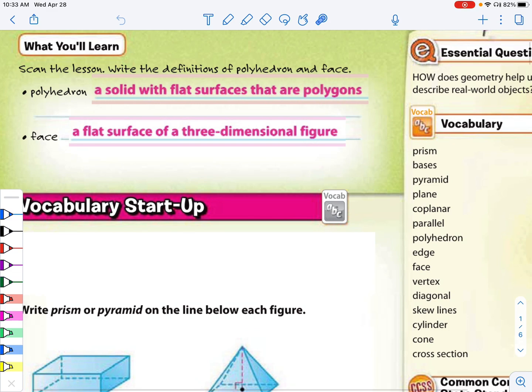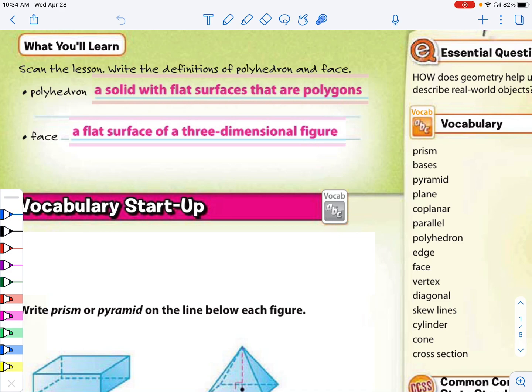At the beginning of this lesson, we scan the lesson and write the definitions of the polyhedron and the face. The definition of a polyhedron is a solid with flat surfaces that are polygons. We'll understand what polygons are in a minute. A face is what we call a flat surface of a three-dimensional figure.